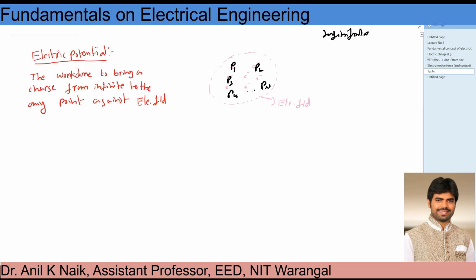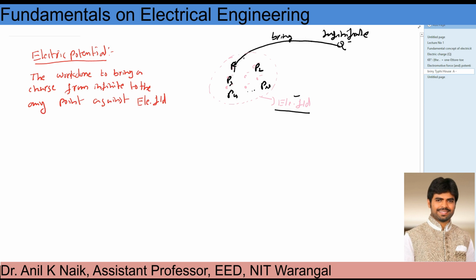So this is my infinite space, and somewhere here I have some charge Q. I try to bring this charge Q, which I assume is a negative charge, to any point. Let us say I'm bringing this particular charge to point 1 against this electric field.